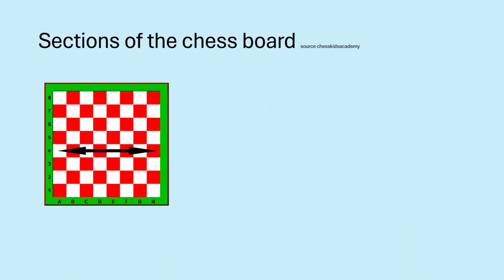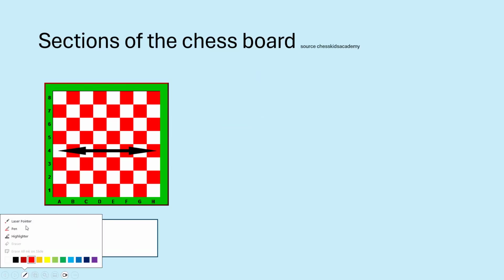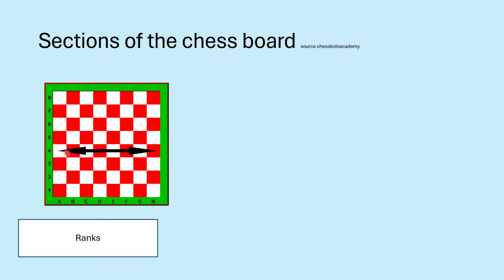Right, let's dive into the sections of the chessboard. As you can see here, we have the ranks. I'm going to use my laser pen so that you can see what exactly I am talking about. The different lines which I'm inserting right now represent the different ranks on the chessboard, and we have 8 ranks on the chessboard.